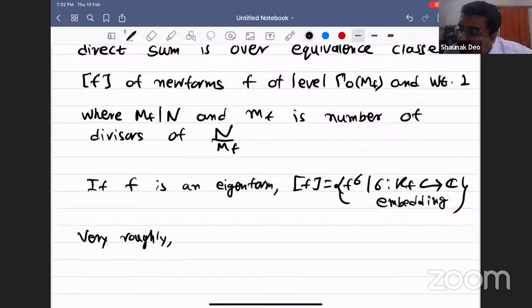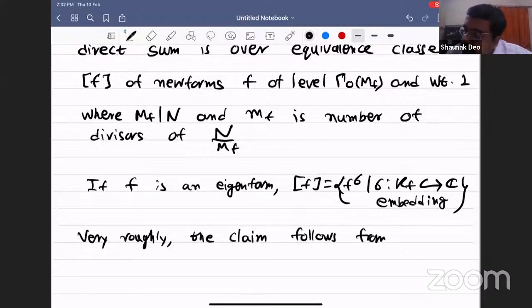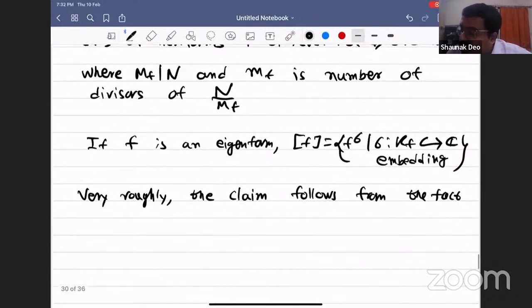the claim follows from the fact that you can use newforms of lower level to get a basis of S2 of gamma naught of n.